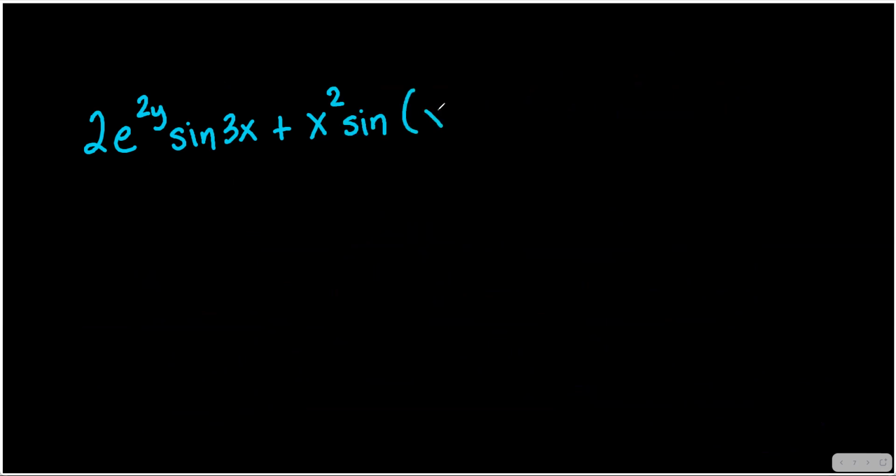We should now have 2e to the 2y sine of 3x plus x squared sine of x squared y. And all of that is my dy/dx.